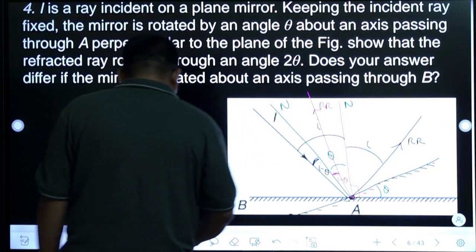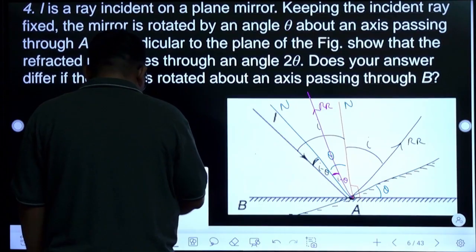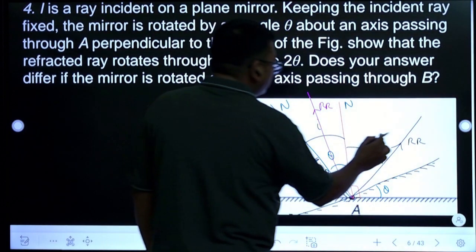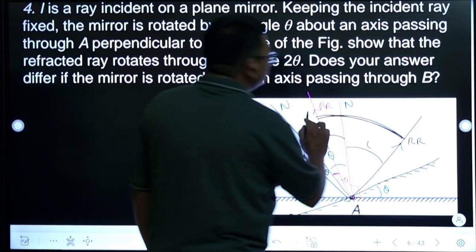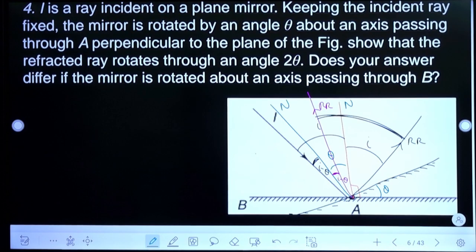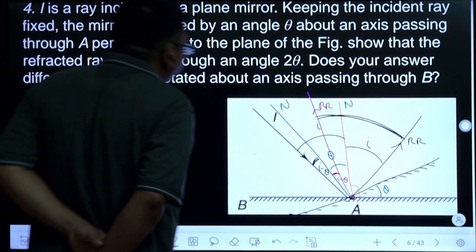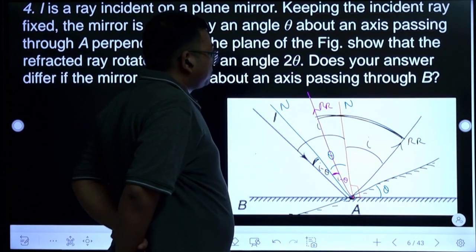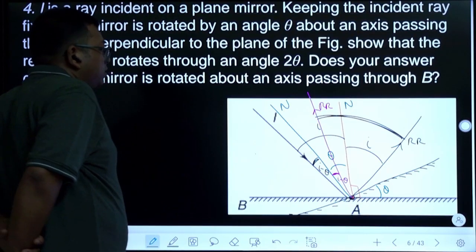So what we want to find out is the previous reflected ray and the new reflected ray, what is that angle? How much will be this angle? Can you calculate what is the angle between the previous reflected ray and now?